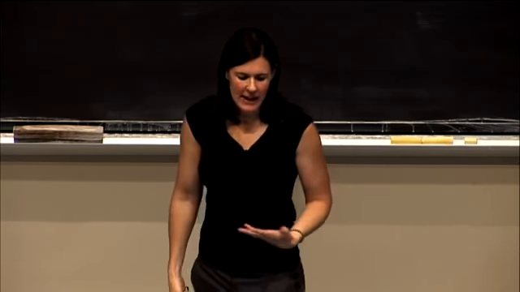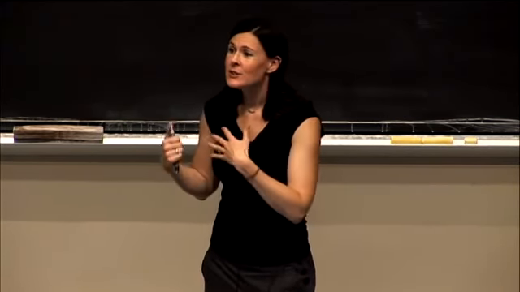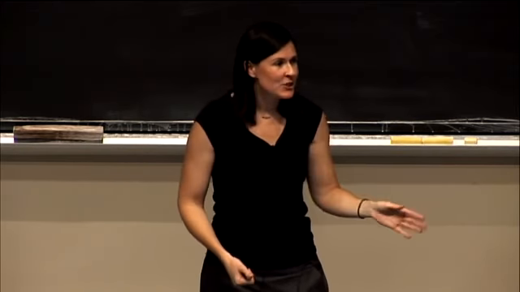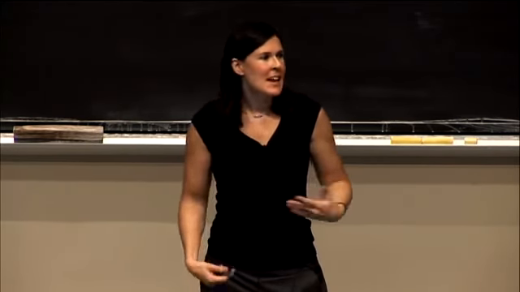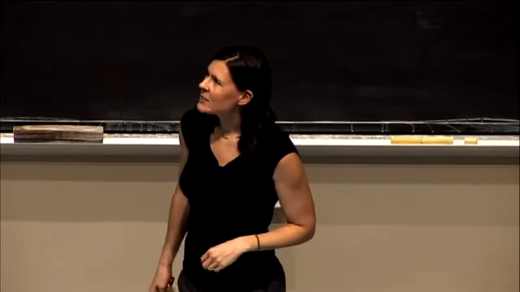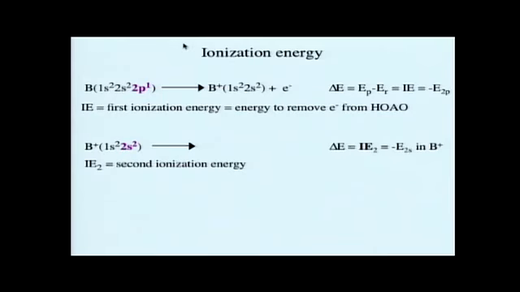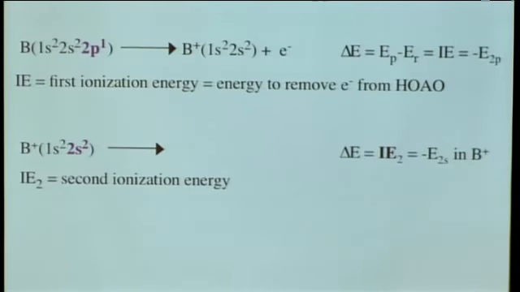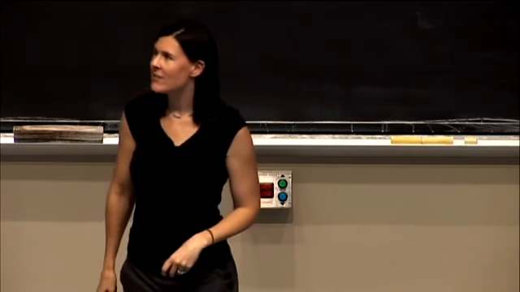Let's think about second ionization energy. Second ionization energy simply means you've already taken one electron out. Now how much energy does it take for you to take a second electron out? So in the case of boron here, what we're starting with is the ion, B+ 1s2, 2s2, and now we're going to pull one more electron out. The highest occupied orbital is now the 2s orbital, so we're going to end up with B2+ 1s2, 2s1, plus the electron coming out of there.